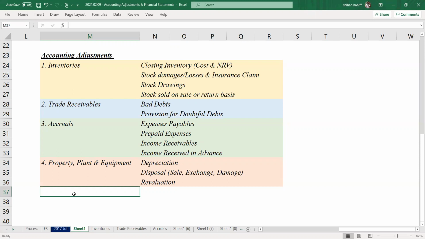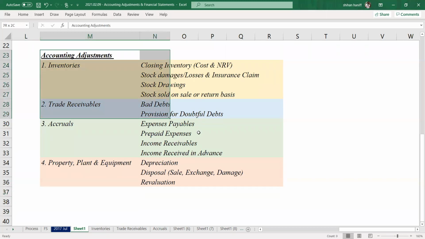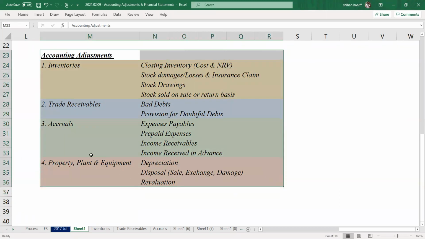But here I'm mainly focusing on a few adjustments. Later when I do the accounting standards and company final accounts, I will do all the related adjustments. Okay, so can you all complete this? Write this.